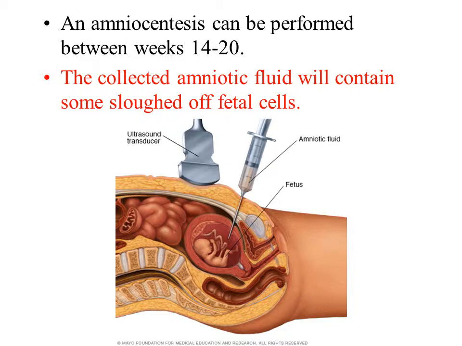This is when a needle is stuck through the abdomen or through the pelvic area, and amniotic fluid will be collected. In this fluid, you're going to have individual fetal cells that have sloughed off of the fetus. You are trying to capture those cells.